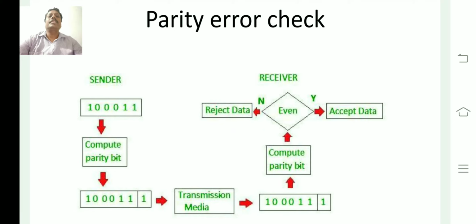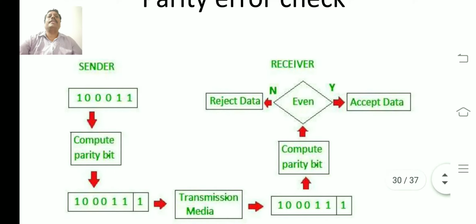Here, first the sender is going to send the data 1000011. This is the data to be transferred from one node to the next node. Then we have to generate a parity bit. How can we generate it? First you check the number of ones in the data. Including the parity bit, the number of ones should become even.